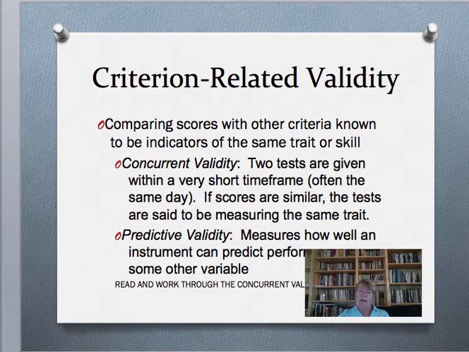Test A might be looking at the same kinds of skills as test B, but it's not the same test. So I'm going to expect a lot of variation of scores, and they might be measuring the same thing in different ways, giving even more variation of scores.